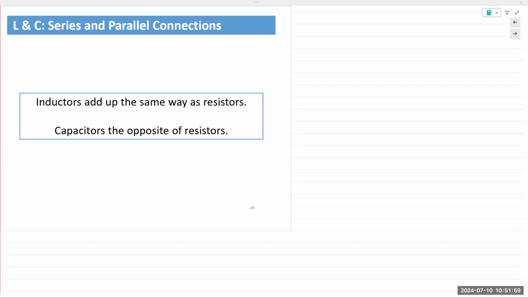Okay, so similar to resistors, if we have multiple inductors and multiple capacitors in the same circuit, we can reduce them down to one single equivalent inductor or equivalent capacitor.